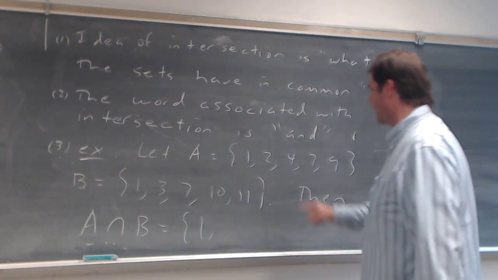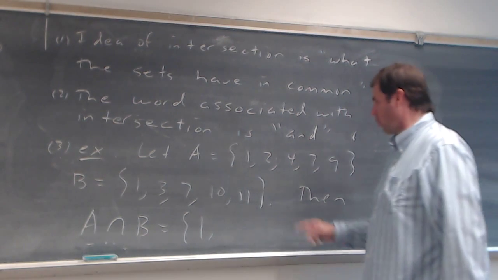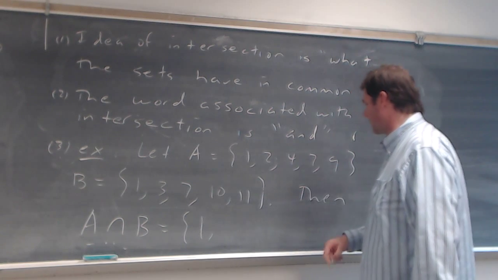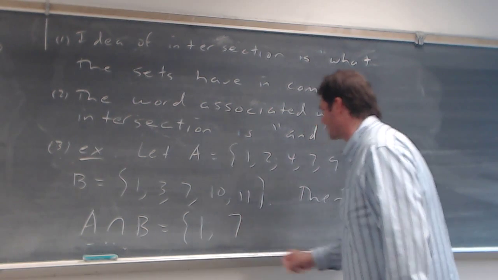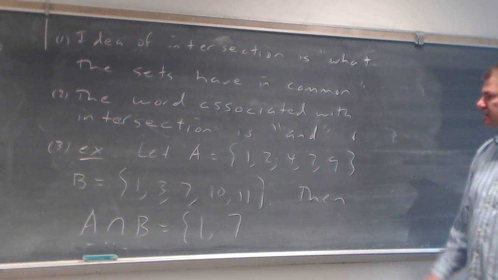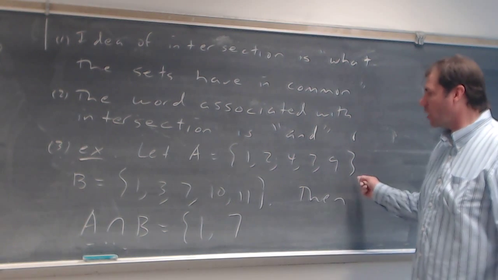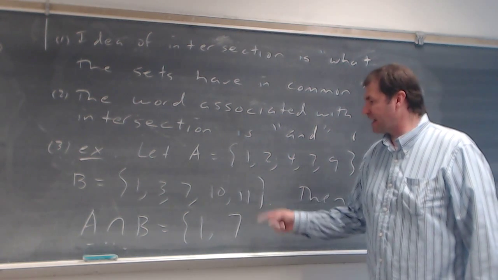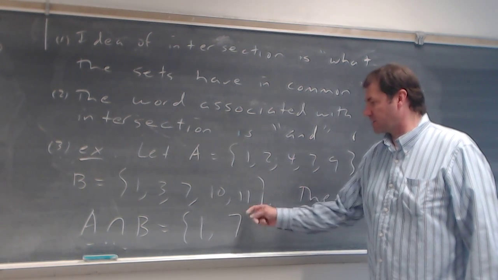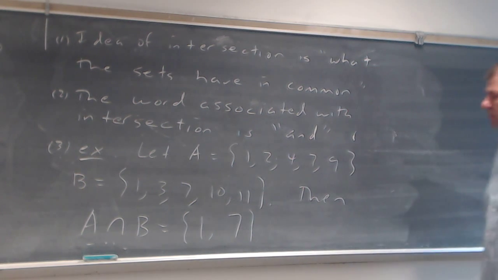Yes, so I get to write it down. 2's in A, is 2 also in B? No. 4's in A, is 4 in B? No. 7's in A, yes, 7's in B. 9's in A, 9's not in B. And I've gone through all the guys in A. To be in A intersect B, you've got to be in A and you've got to be in B. So these are the only guys that are in both A and B. So that's one operation that we have between sets, intersection.